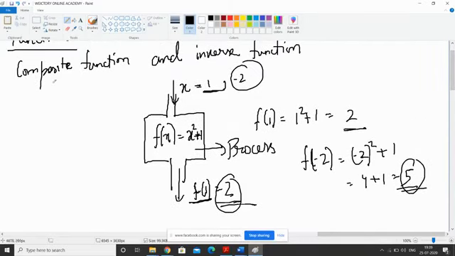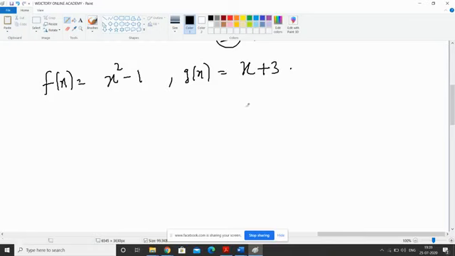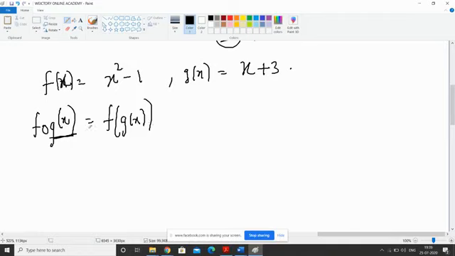Now let's discuss what composite function means. Let's say f(x) is x square minus 1 and g(x) is x plus 3. Composite function is given as fog(x). This is the representation of composite function. What does it mean? It means you are putting g(x) in f(x).